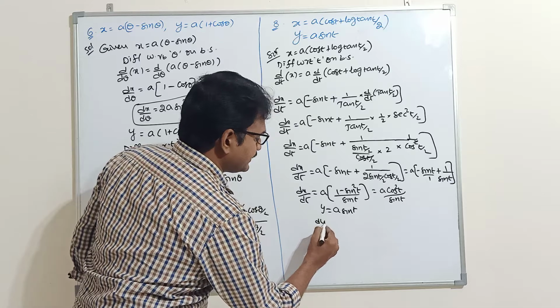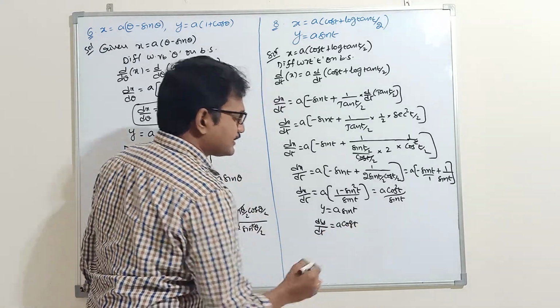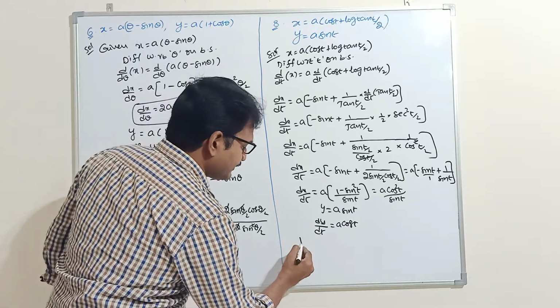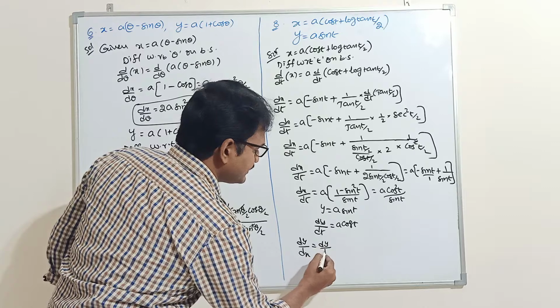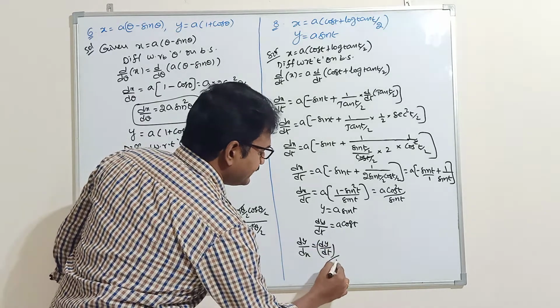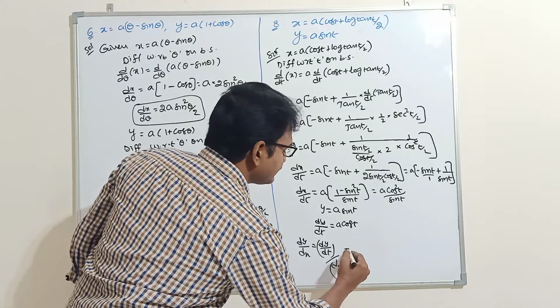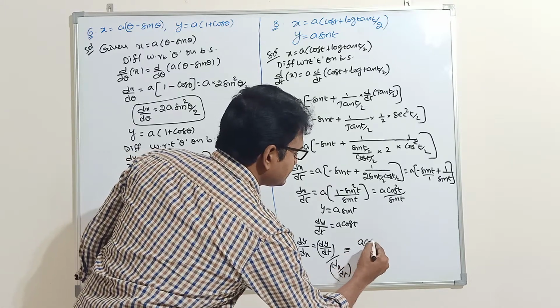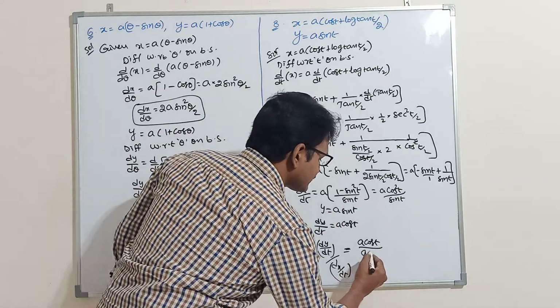Differentiating with respect to t on both sides, dy by dt is equal to a cos t. Next, finally what we need to find? dy by dx. dy by dx means dy by dt by dx by dt. What is dy by dt? a cos t.